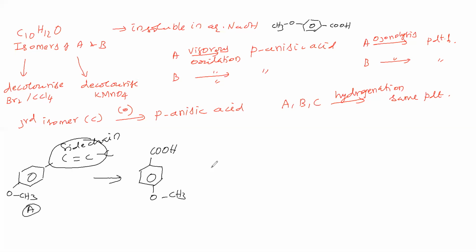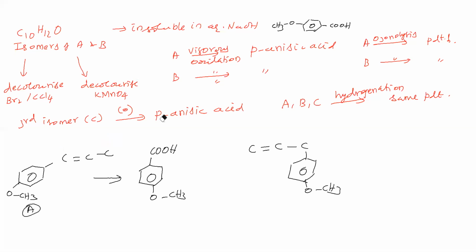So one possibility is like this. Another possibility is like this, where 3 carbons are written and a double bond is written. So the double bond position we have changed. Here 1 hydrogen is possible, and here 3 hydrogens are possible.